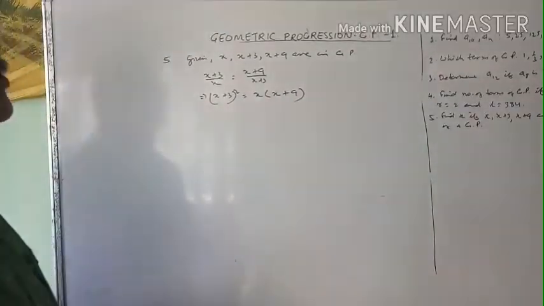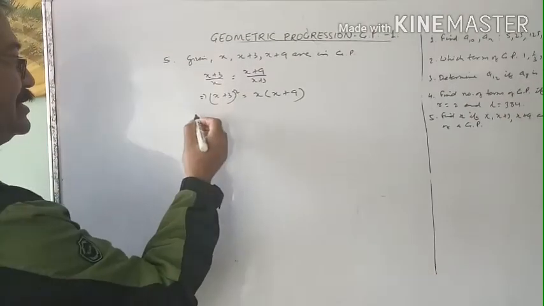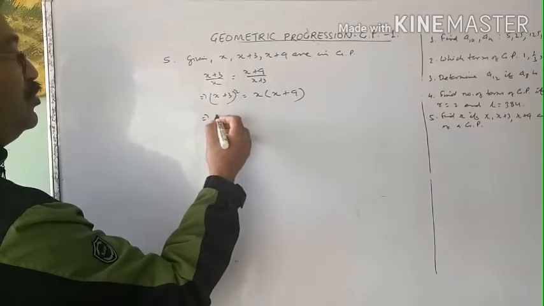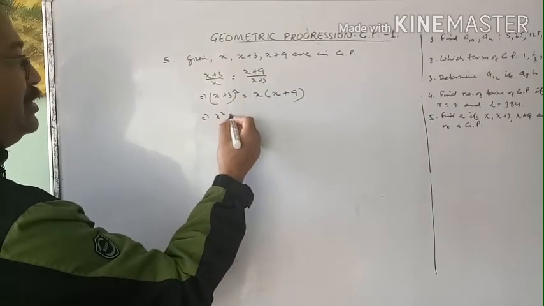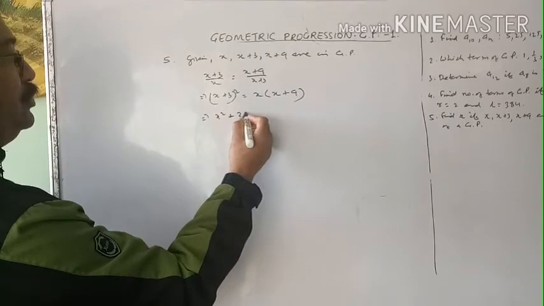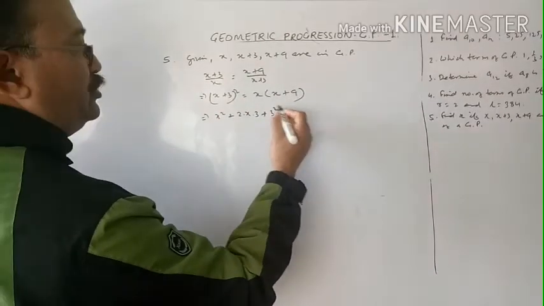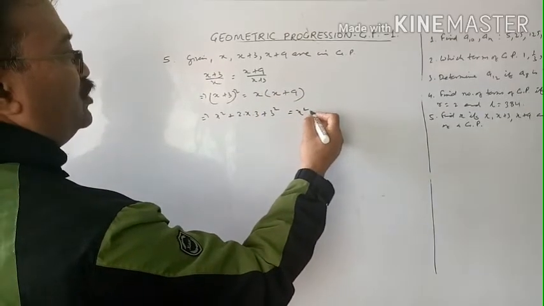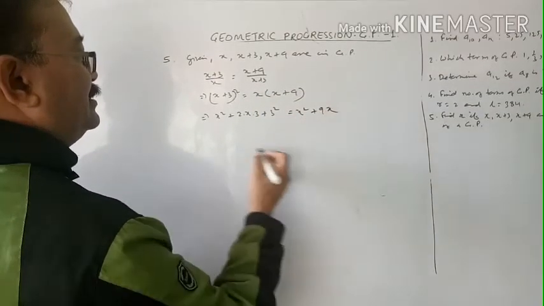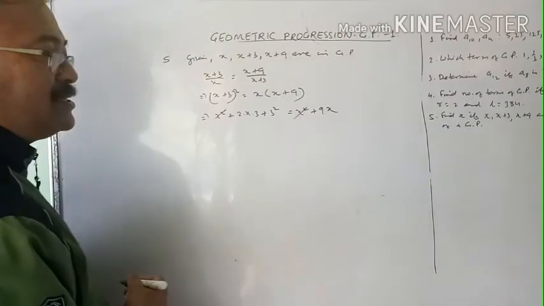From here we try to find the value of x. Using the a plus b whole square formula, a square is x square, plus 2ab, means 2 into x into 3, plus b square, 3 square. On the right, if you multiply by x, you get x square plus 9x. X square will get cancelled from both sides.